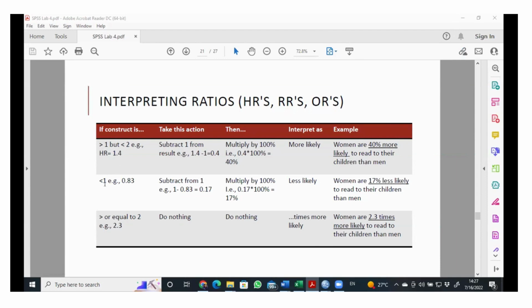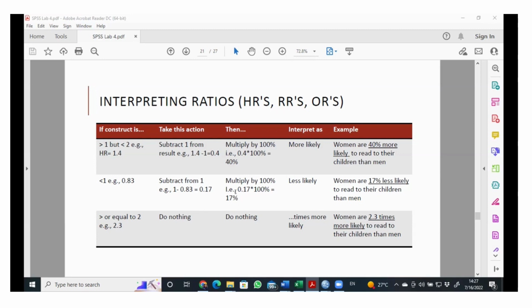So 1.4 means 40% higher. Now, when you have it less than 1, like we did have, for example 0.83, you subtract from 1, so 1 minus whatever value. In this particular case it was 0.3, so you get 0.17.